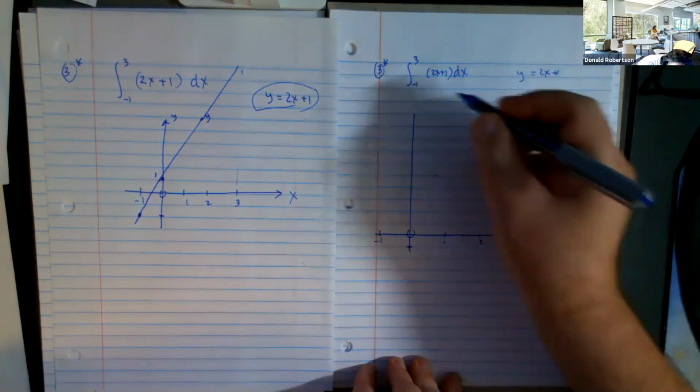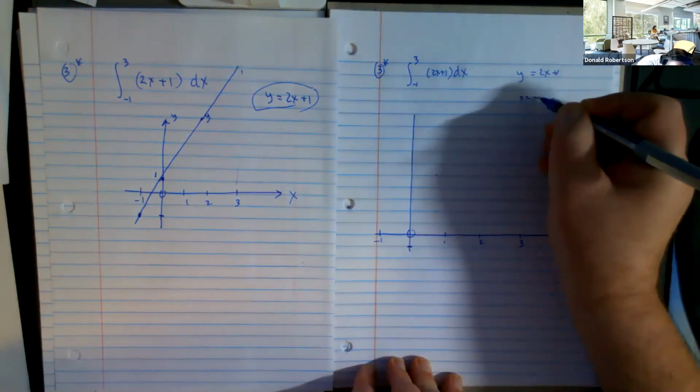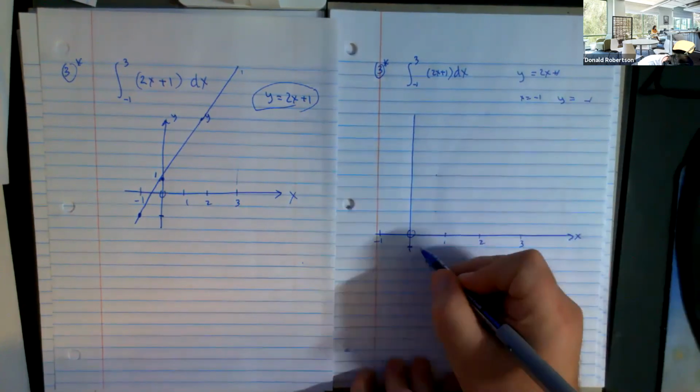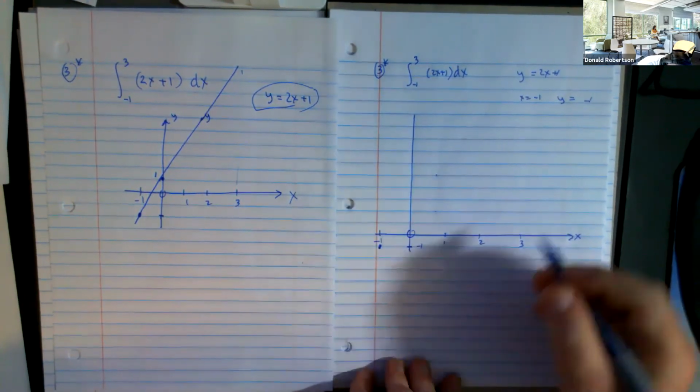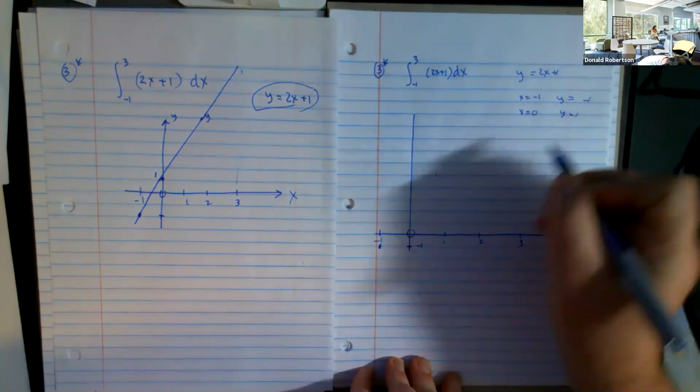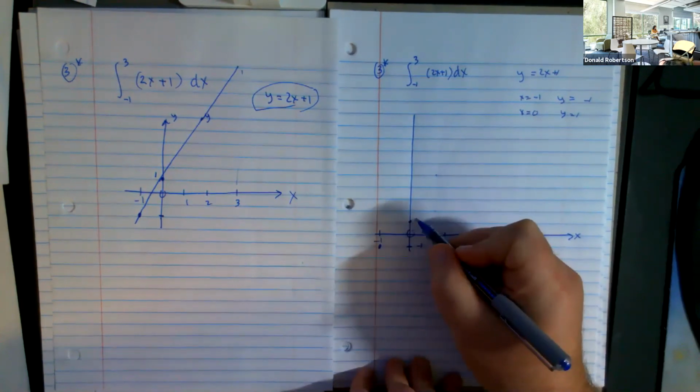And at x equals -1, the y coordinate, 2 lots in, is -1, so that guy is good. And when x equals 0, the y coordinate is 1, which is there. There, I'm much happier now.